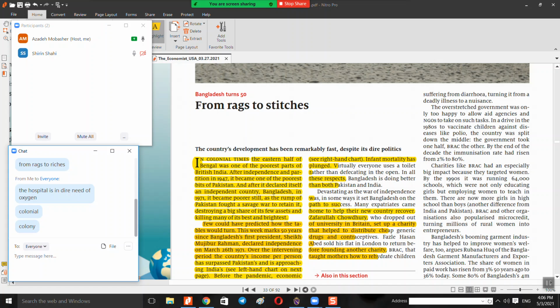I don't know where it comes from, but we call it paravan, right? Do you know paravan? Yes, and sometimes we call it partition. So partition as a noun means that too. In 1947, it became one of the poorest parts of Pakistan.